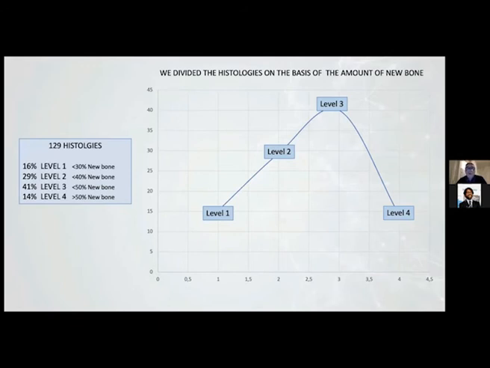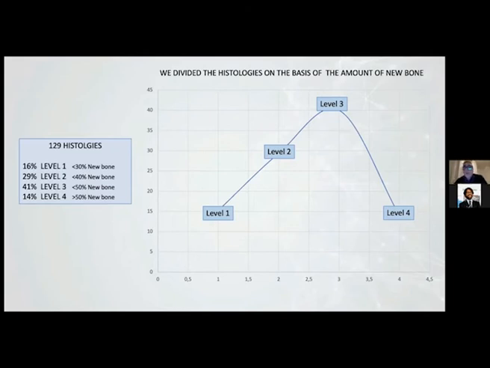When we take a biopsy, the result depends on the hand of the dentist, the surgeon, and also on the type of surgery, so we have a lot of variation. But if we have a lot of histologies like this, it's possible to observe where the normality is.